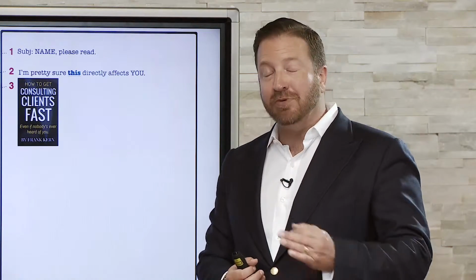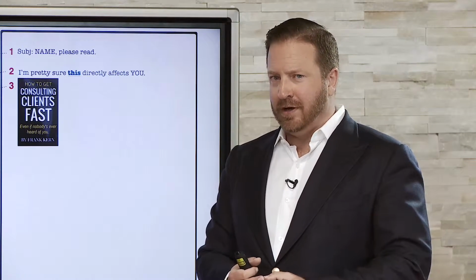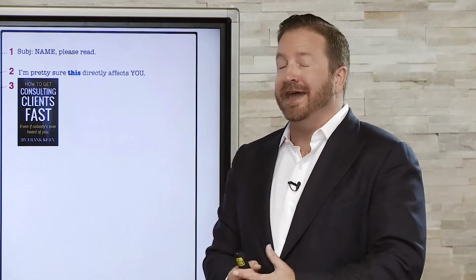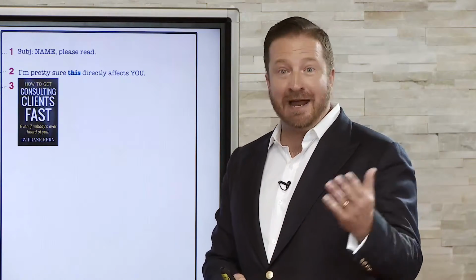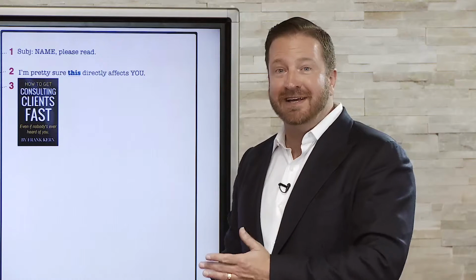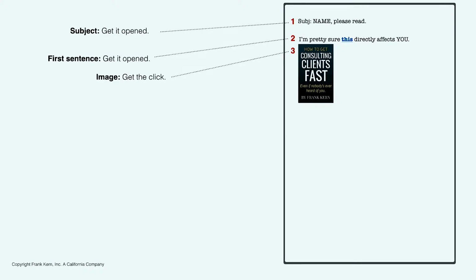Why? Because people click on images. The Bureau of Internet Statistics, compiled by the all-knowing they, clearly say, there's no such thing, by the way, but they say, and I believe this, a commonly held belief is that emails with clickable images in them get more clicks than emails without clickable images in them. Therefore, we should have an image that is clickable.